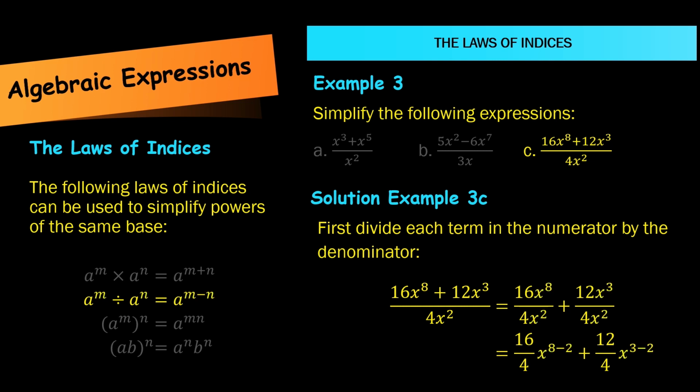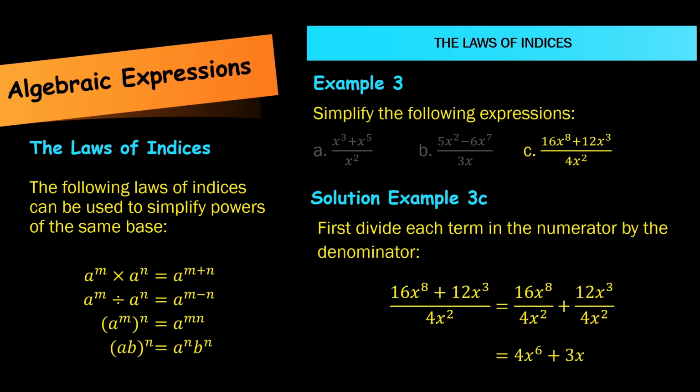We have x to the 6 here and x here, which gives us 4x to the 6 plus 3x, as shown.